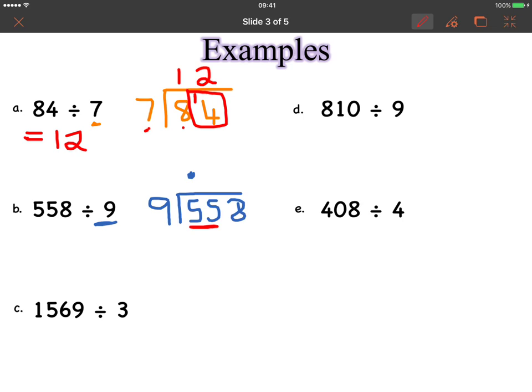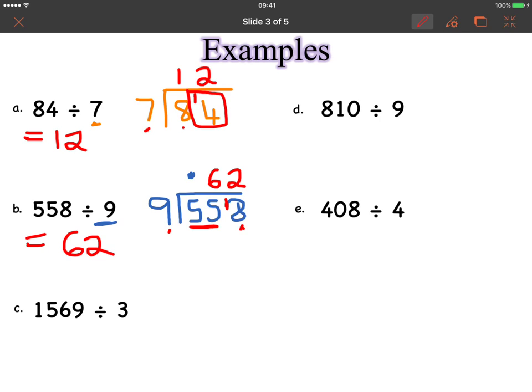That will leave me with 1 remainder because I wanted to get to 55. So next, 9 goes into 18. And 9 into 18 is twice. So my final answer here is 62.